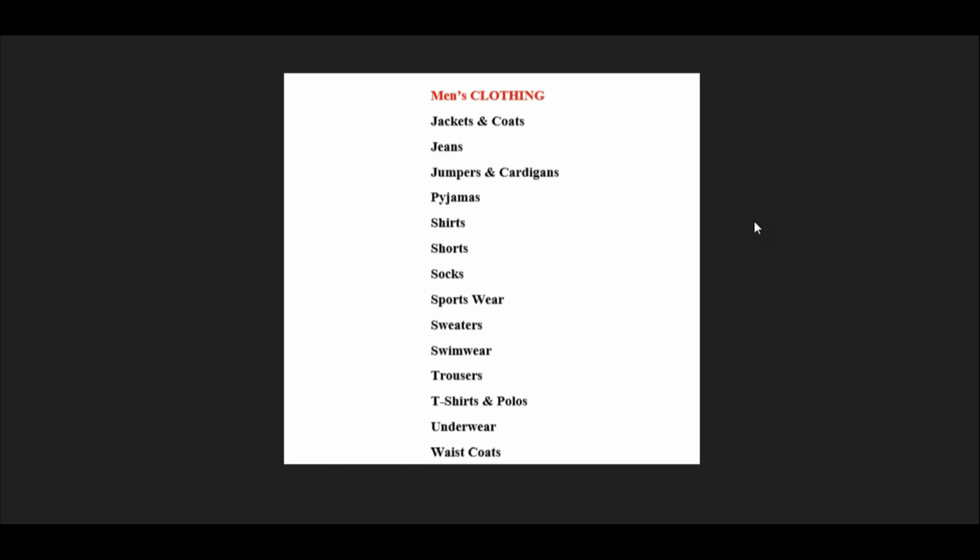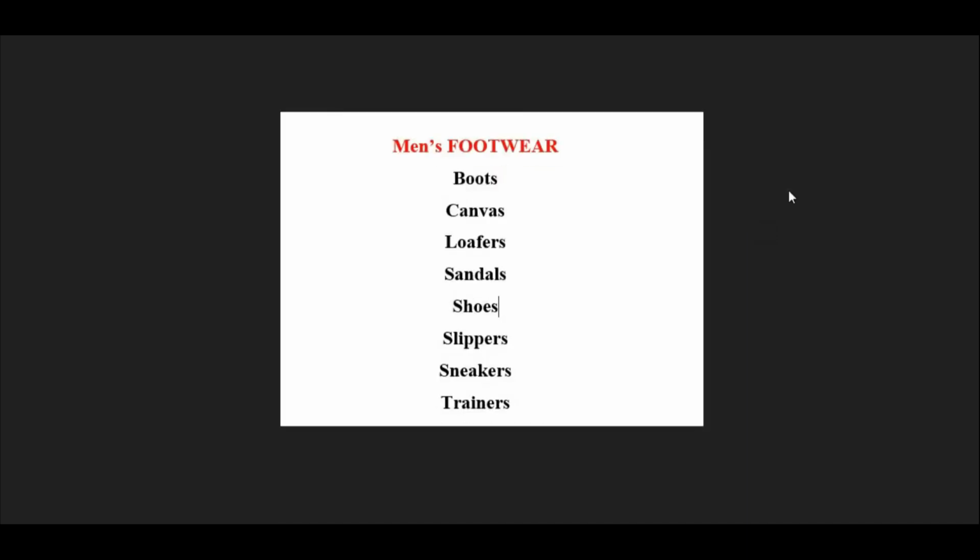So you have to sit down and write these categories. You want to sell only men's footwear, in which case you have these categories: boots, canvas, loafers, sandals, shoes, and all that. Better still, you may want to sell just a particular category under these. Maybe you want to sell sneakers alone. Then you would know which subcategories will come under that.